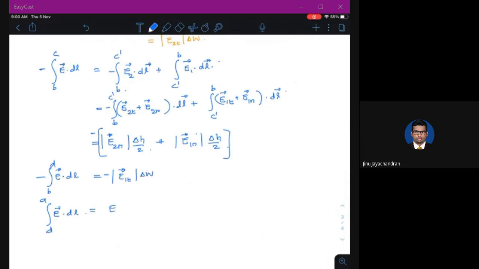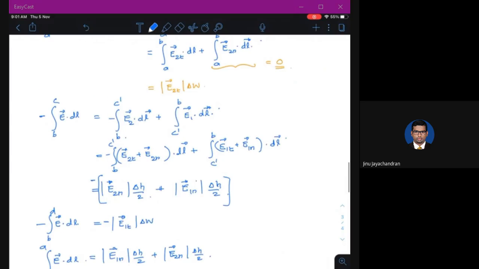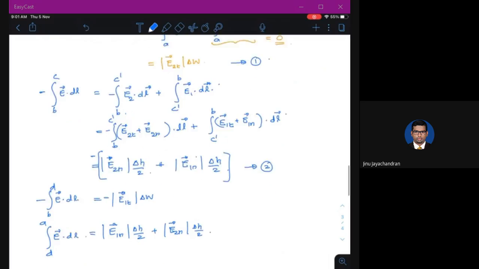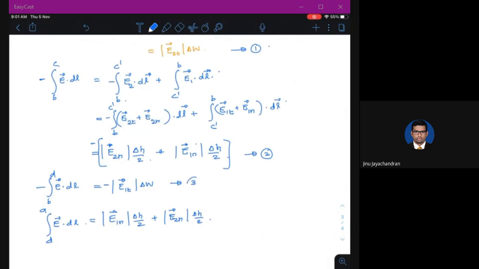So it is E1n into delta h by 2 plus E2n into delta h by 2. Okay. So we have result 1, result 2, result 3, and result 4.